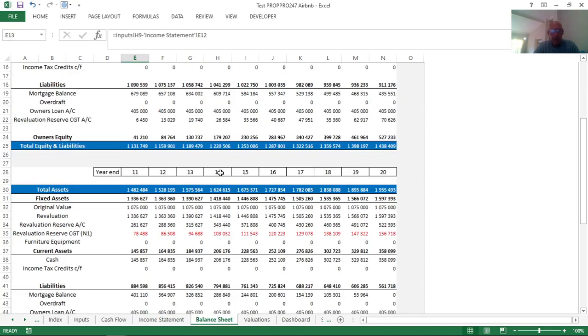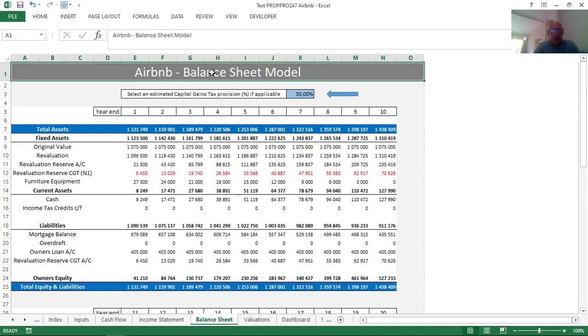Your balance sheets also run for 20 years. Here you will notice we have a revaluation account. That is, according to the growth of your property, it will be revalued. Then we've got a revaluation reserve account, in other words, the changed amount, and then your reserve capital gains tax amount.